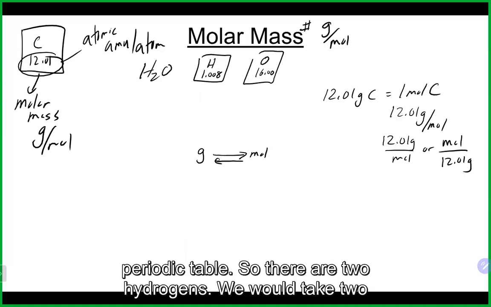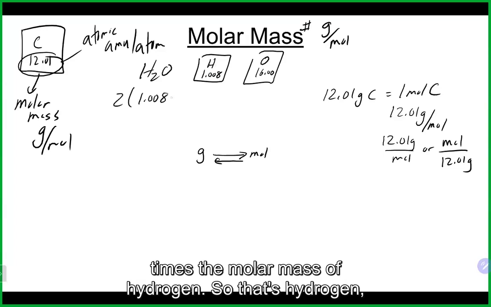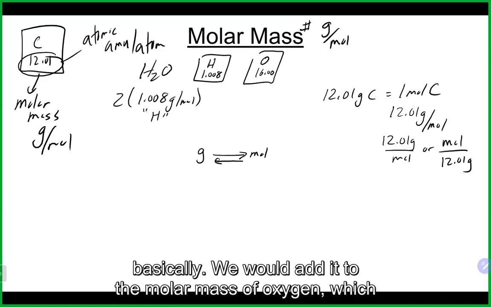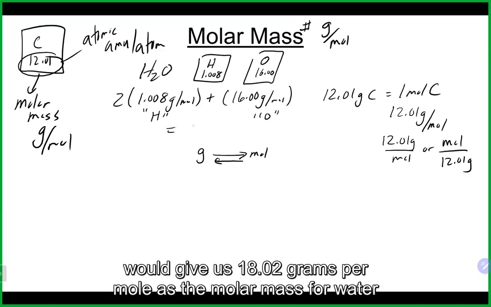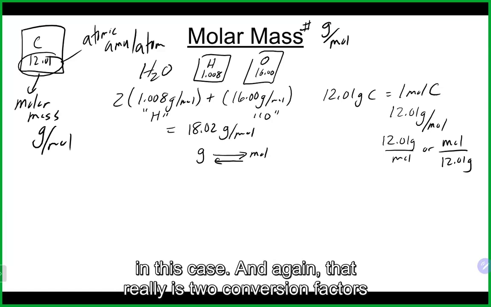So there are 2 hydrogens. We would take 2 times the molar mass of hydrogen. We would add it to the molar mass of oxygen, which there's just 1 of, and that would be 16 grams per mole. And that would give us 18.02 grams per mole as the molar mass for water in this case.